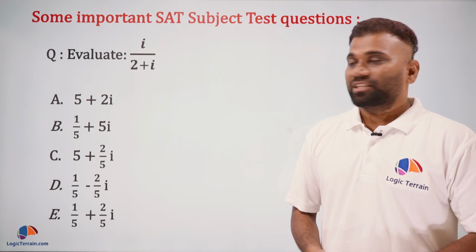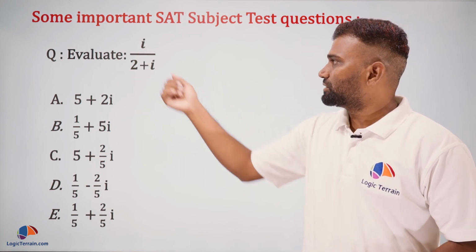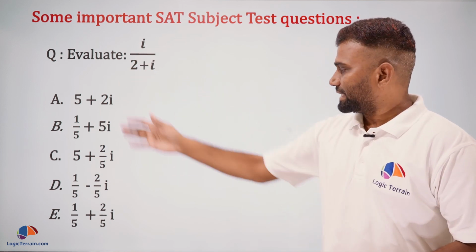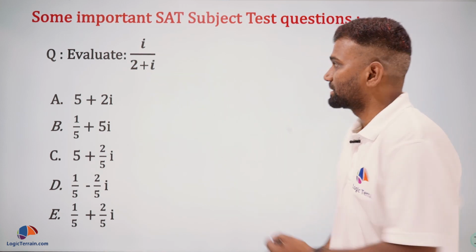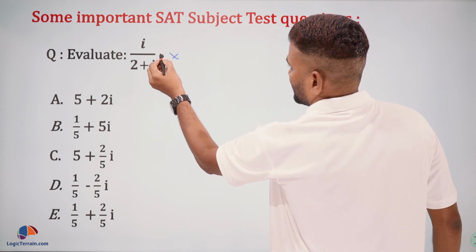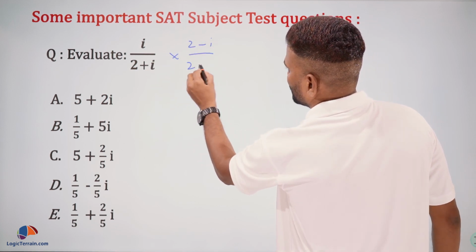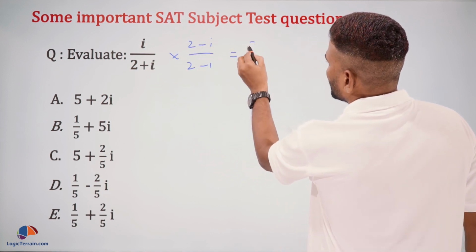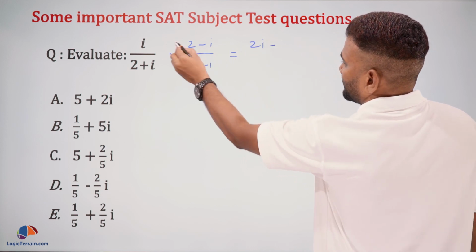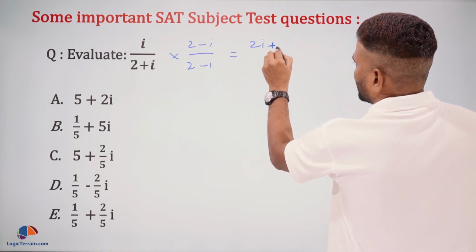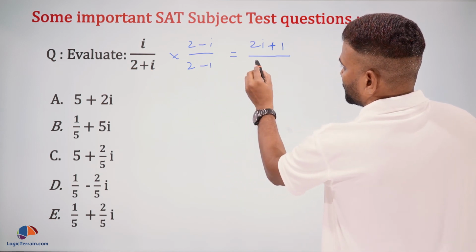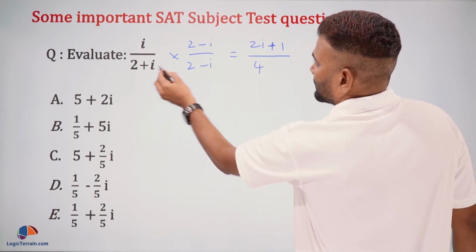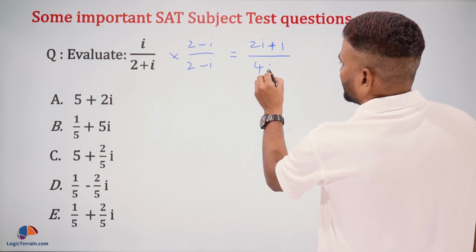Here is our next question. Evaluate i upon 2 plus i. Here are the options, and to evaluate this we have to rationalize. We'll rationalize this with 2 minus i upon 2 minus i. Multiplying 2i, i square is negative 1, negative of negative, plus 1, upon the denominator, a square minus b square, so 2 square is 4, i square is negative 1, negative of negative, plus 1.